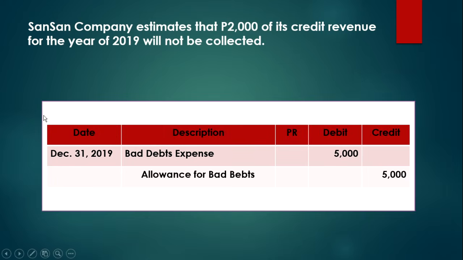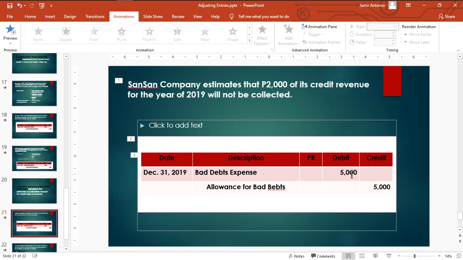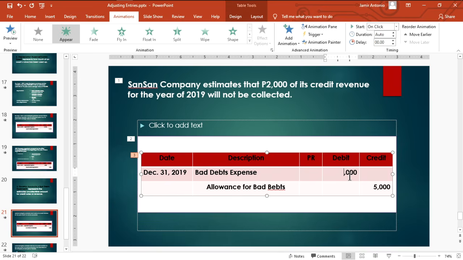December 31, 2019, debit, bad debt expense, 5,000. Yan at yan. Hindi na magbabago yan. And then, credit mo si allowance for bad debts, 5,000. Amount na lang ang magbabago dyan. Sorry, not 5,000. This should be 2,000. Ayan.